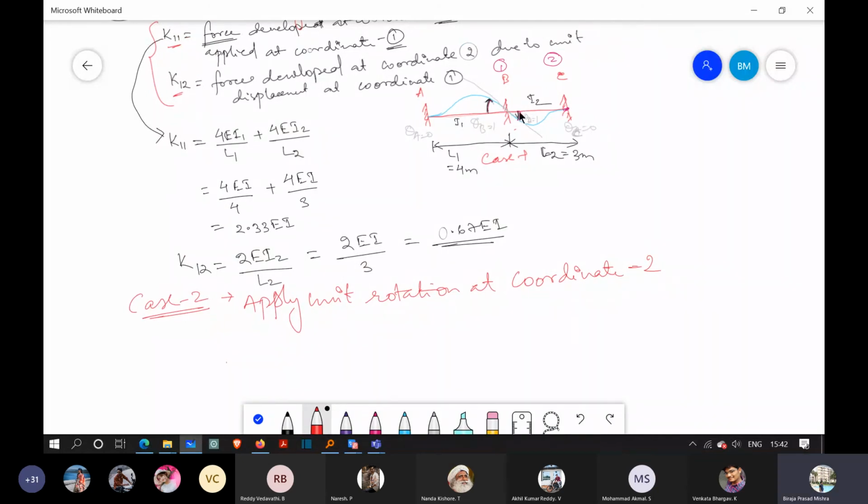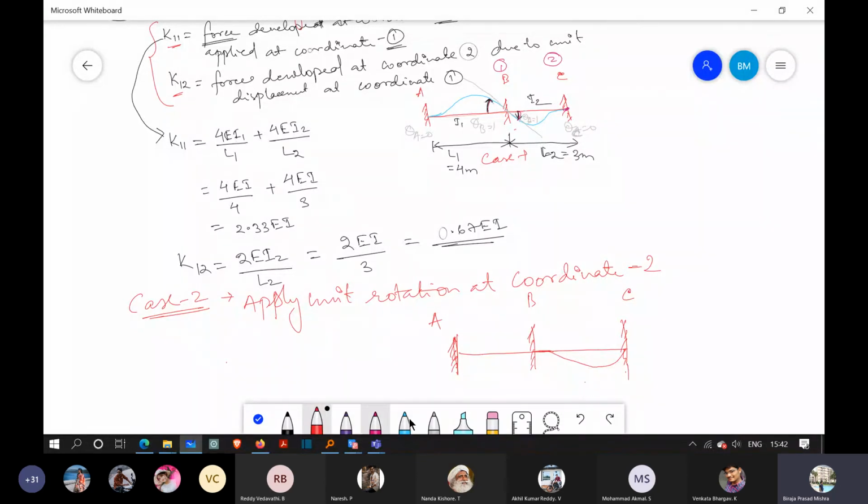So this was coordinate 1. Now again I will draw the same figure. This is fixed, this is B, this is fixed, this is also fixed. This is A, this is B, this is C. Now I will apply a unit rotation here at C, and since A is fixed, it will be 0.